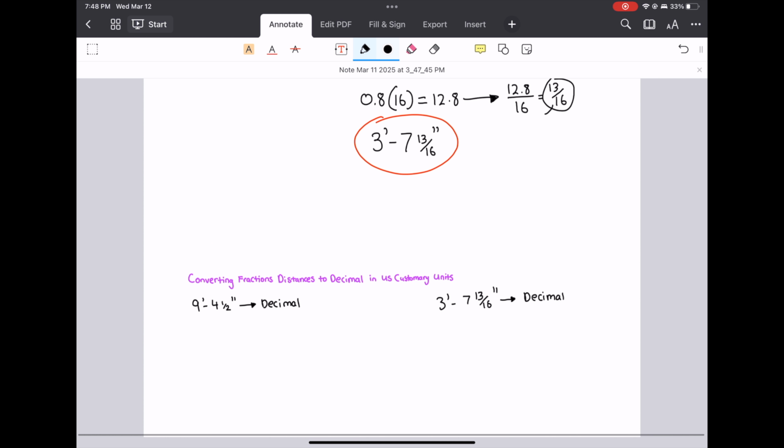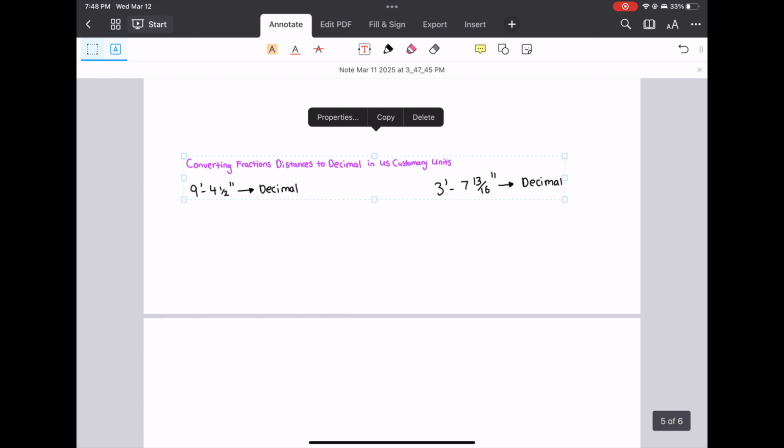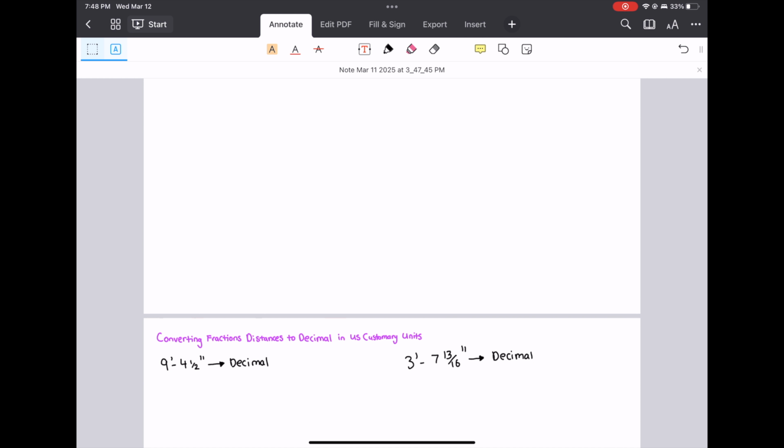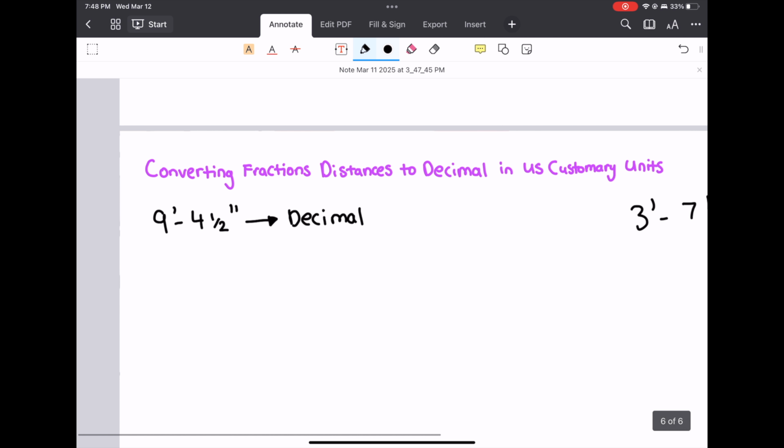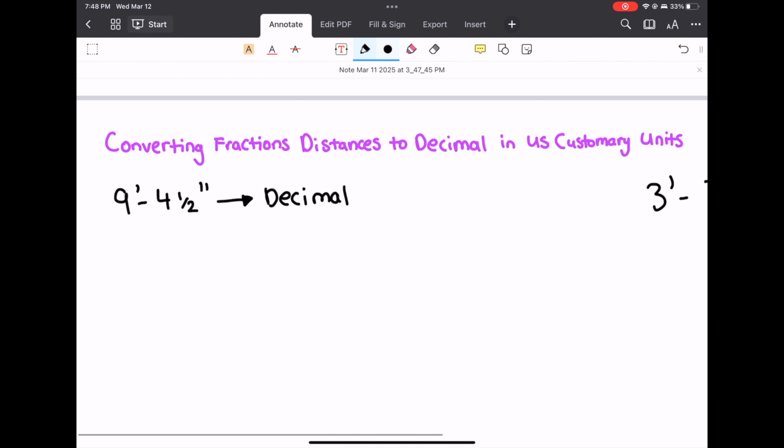Now we're going to switch it up. Let's convert these same measurements into decimals. We have 9 feet 4.5 inches. How do we convert this to a decimal?